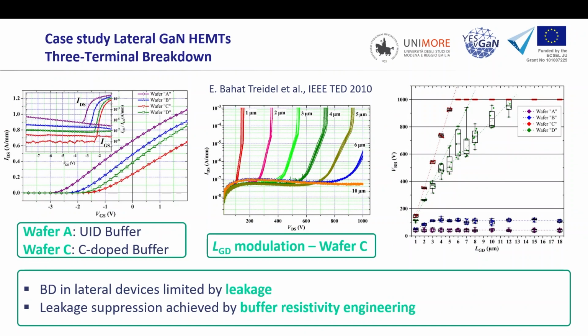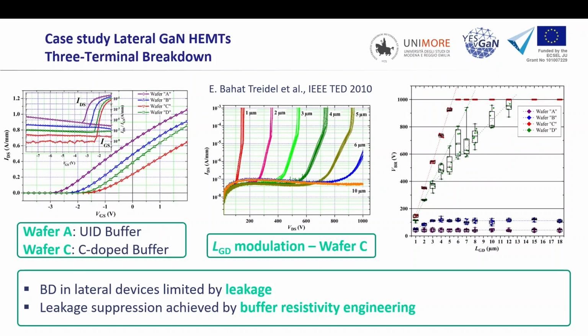Okay, so now I will come to the core of the presentation, which is the results that we have collected over the years. This is about breakdown, so I was connecting to what I just showed. These are some devices from FBH some years ago. This is a lateral GaN HEMT with a C-doped buffer.